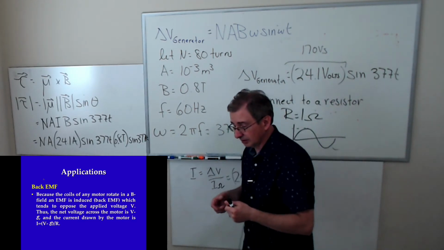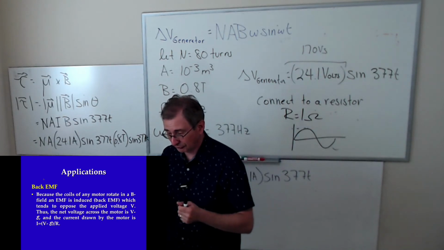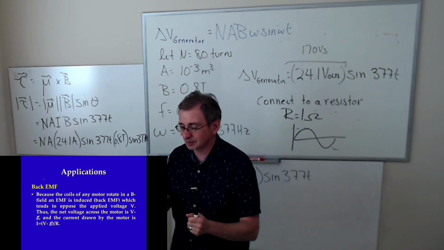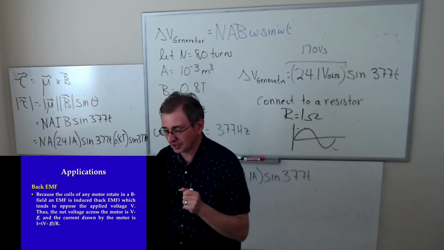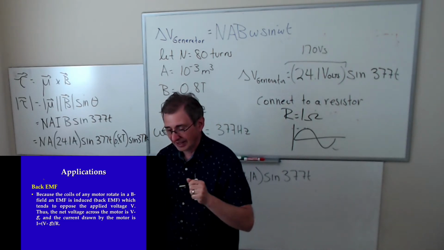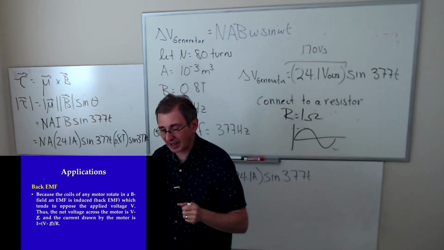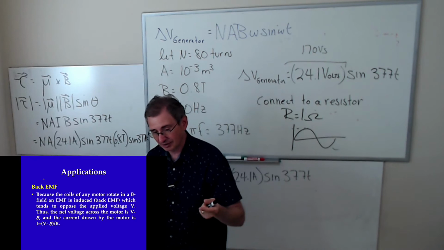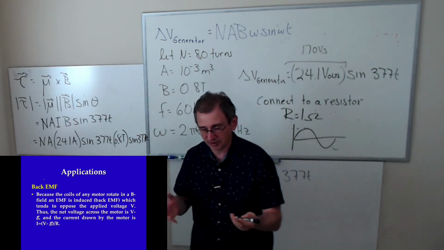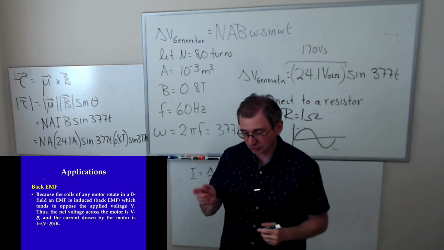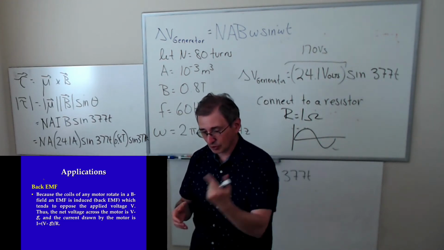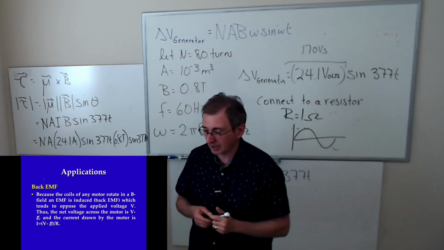So when a motor starts spinning, the voltage across the leads of the motor is a maximum just when it starts to spin. As it spins faster and faster, the induced EMF gets larger up till it reaches its operating voltage. And so the total voltage across the motor will be whatever you apply to it minus the back EMF.